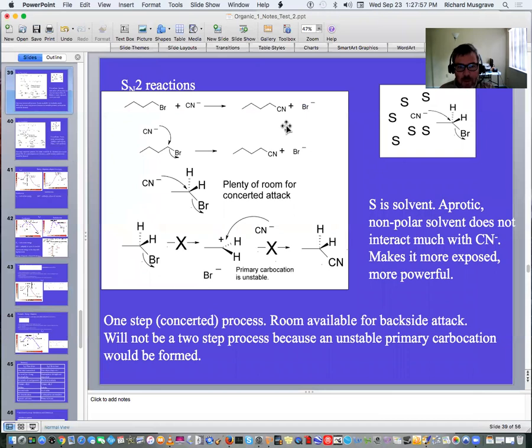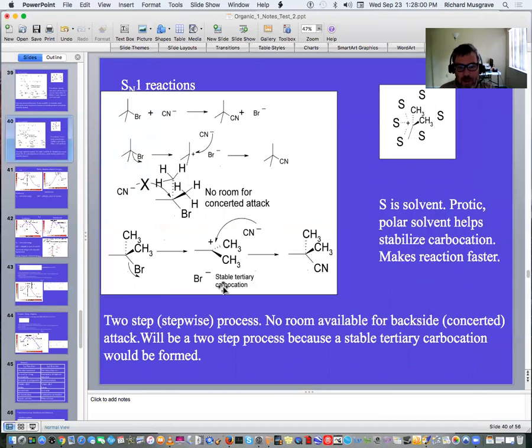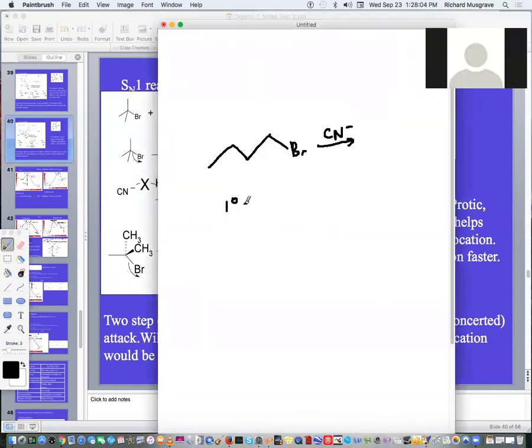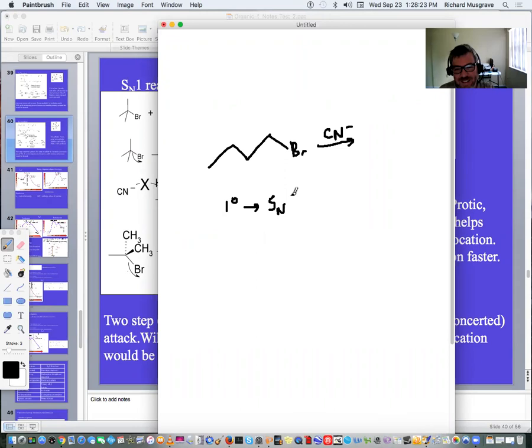See, primaries go Sn2 and tertiaries go Sn1. So it's really that simple. If we learned Sn2 before Sn1, it's kind of confusing. But Sn2 only involves one step. I think it's fine, Julie. I think it's fine too. I just got confused.